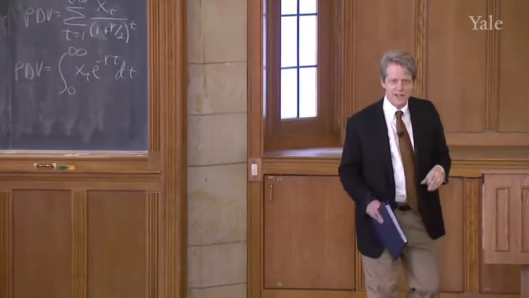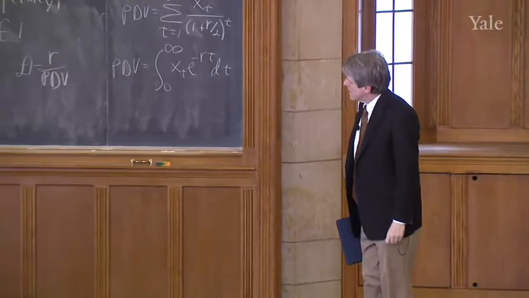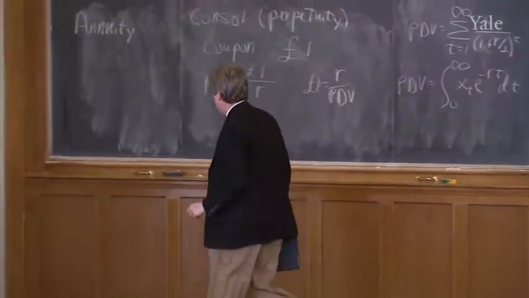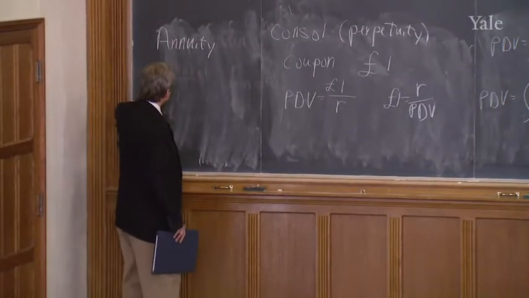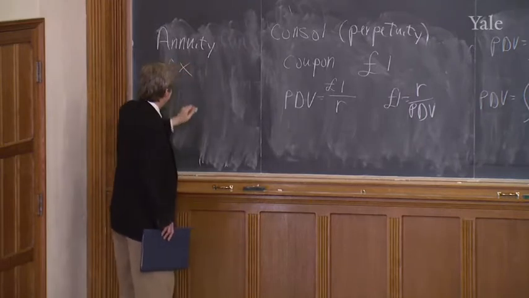An annuity is like a console for a while and then it stops. An annuity pays a fixed payment each period until the maturity. So it pays, let's say, X pounds, let's not say £1.